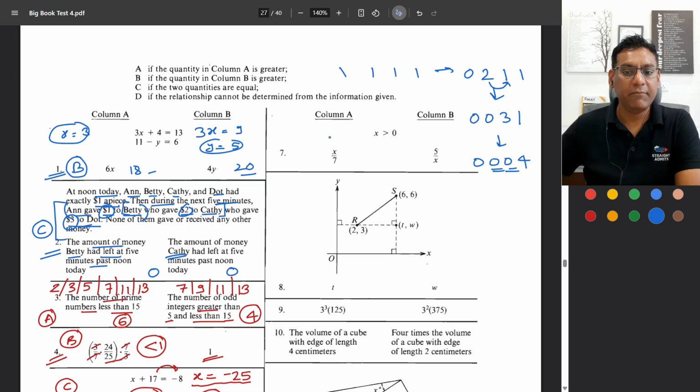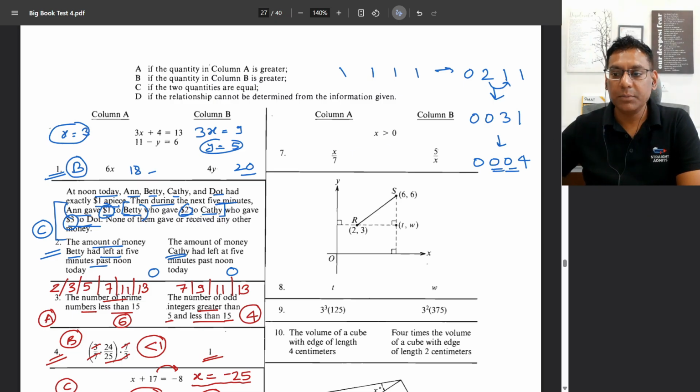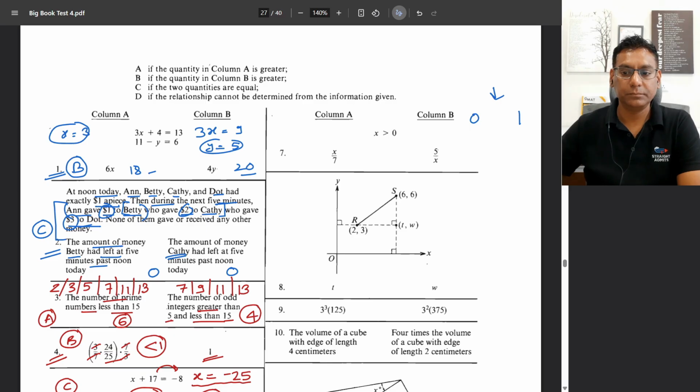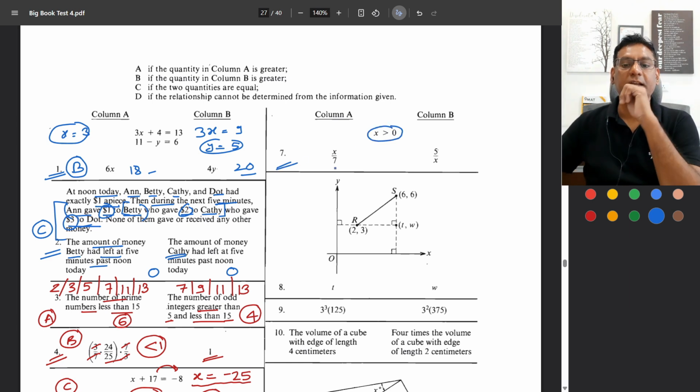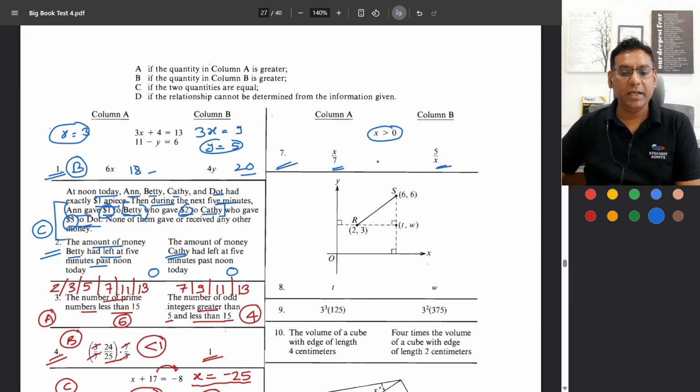Okay, question 7. Let me just get rid of this. Question 7, x is greater than 0. x by 7, 5 by x. Let's take x as 35.